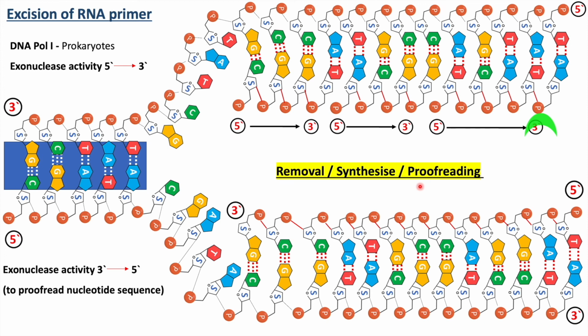So in short, DNA polymerase performs the exonuclease activity from 5' to 3' direction to remove RNA primer, and then it will go back in 3' to 5' direction to proofread the nucleotide sequence to make sure that all the complementary base pairs are correct.